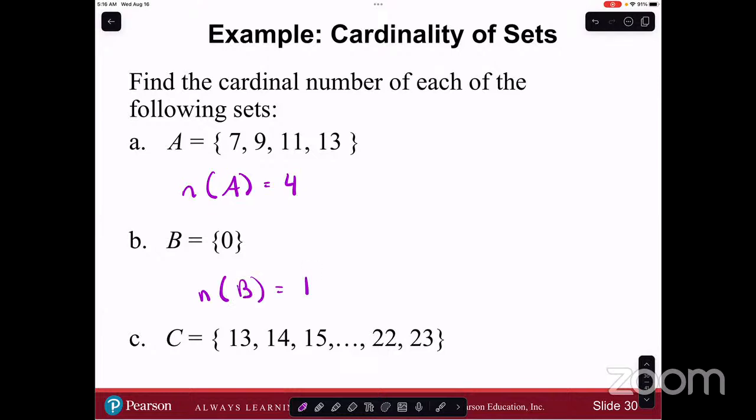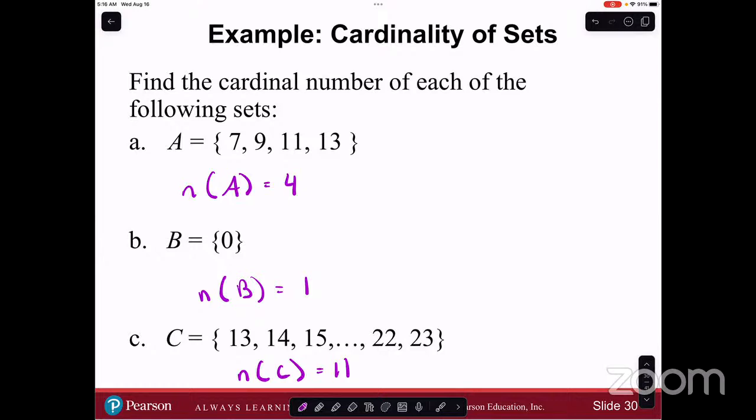I think that's 11, right? Because it goes 13 to 23, and that's 10 steps, but you also have to count the initial starting point as a space as well. So the number of elements in C should be 11. Let's just go with that.